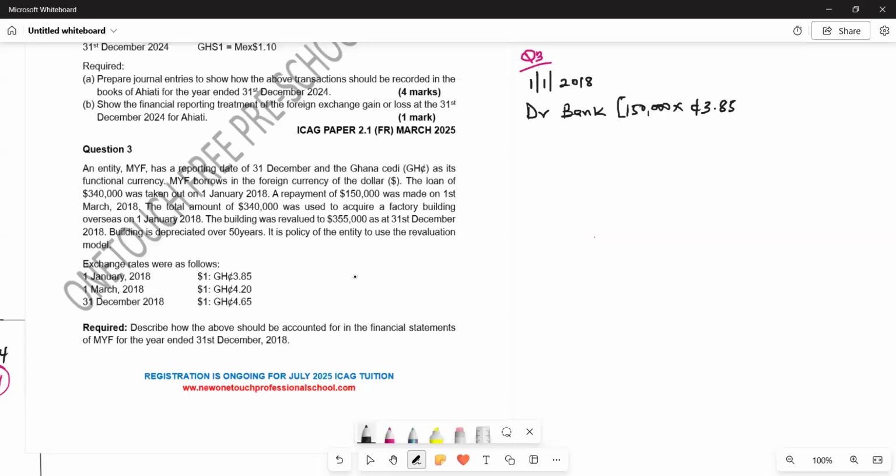So we multiply, right? If you don't know why we are multiplying, you need to go and check. Then we credit the loan.